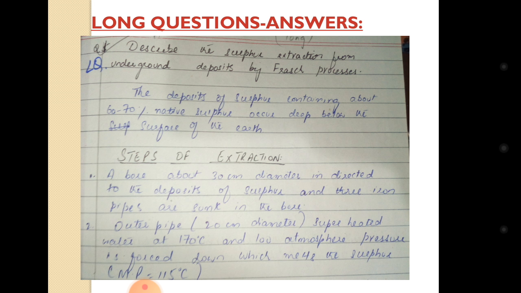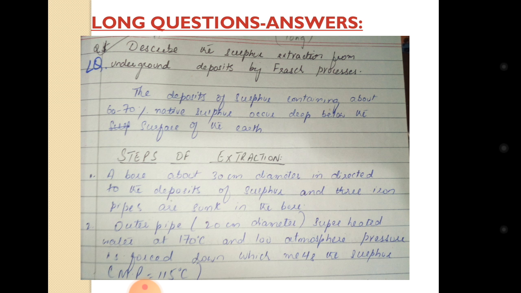The method used for the extraction of sulfur from underground is called the Frasch process. As you know the method of boring, you have all seen the procedure we follow in different houses for boring for water.